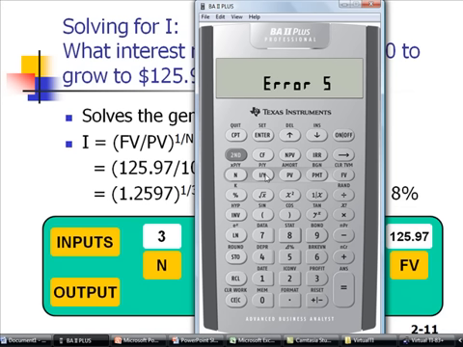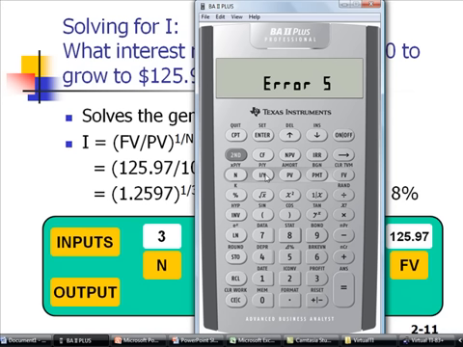Okay, this is what would show up on your calculator display. It's a friendly error 5 message. And most people would find that extremely frustrating because error 5 doesn't tell you anything about what's really going on. You just know that something is messed up.